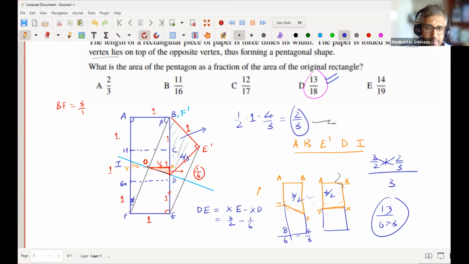So all of these triangles that you see in this picture are alpha, beta, 90 triangles. This is beta, this is alpha, this is 90, right? Are you able to see this? Yes, sir. Okay, so if you have an alpha, beta, 90 triangle, that means the smaller side is 1/3 of the longer side.